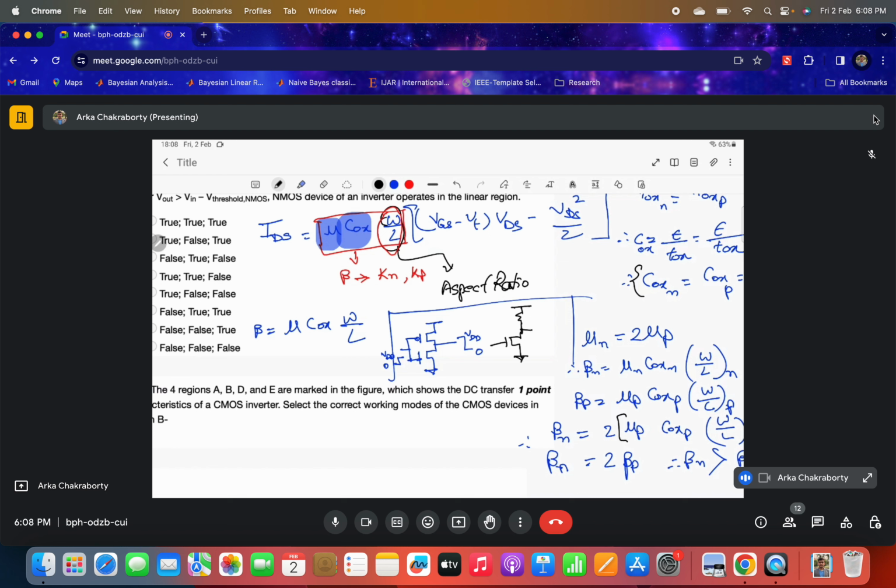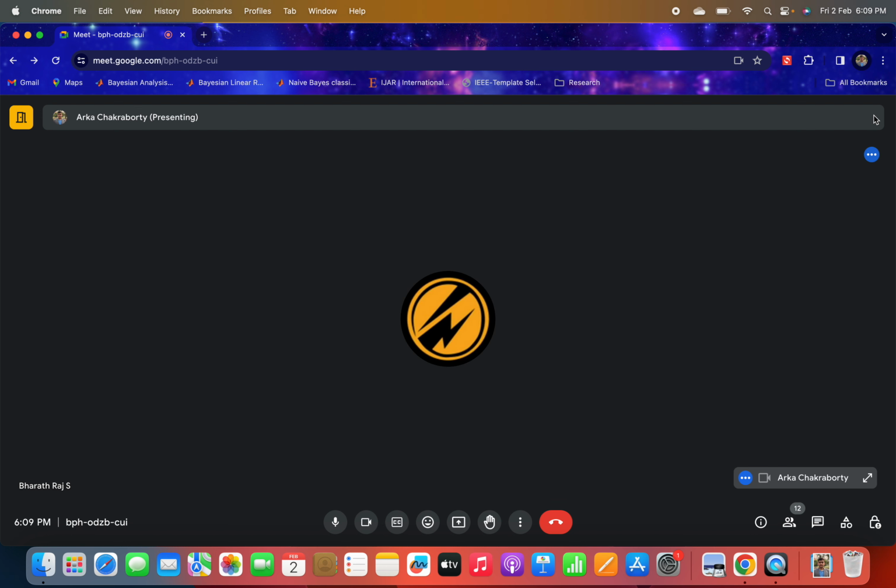Will it act as an inverter? Anyone? Will it act as an inverter? Why?